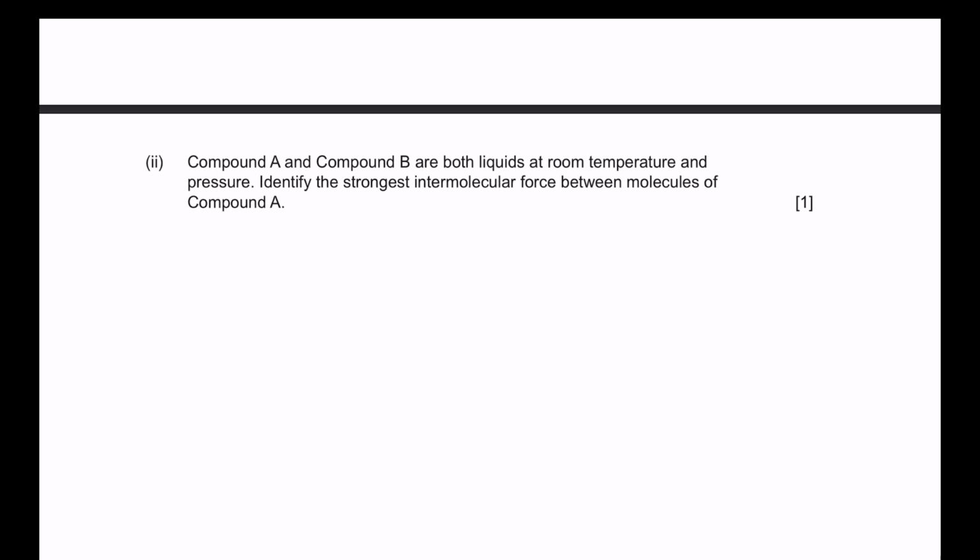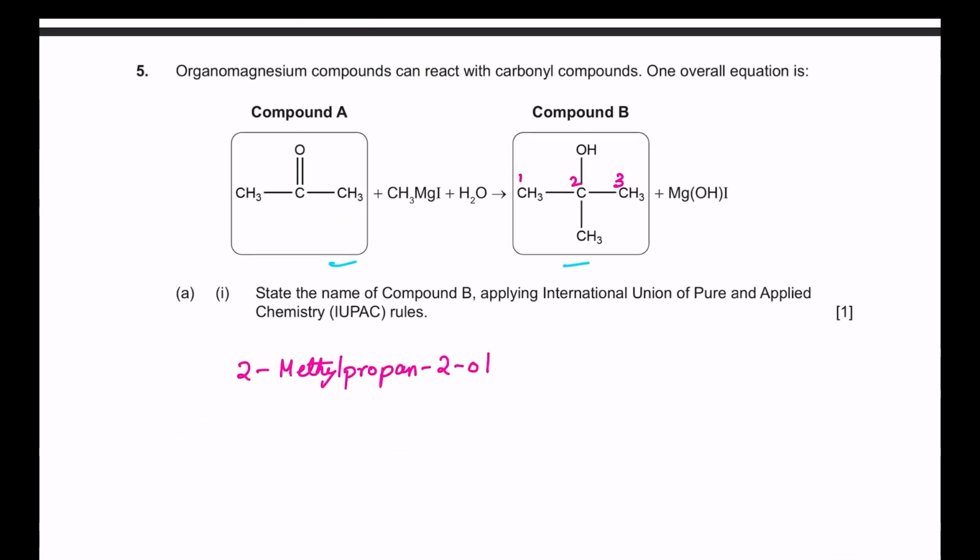Now moving on to the second part. Compounds A and B are both liquids at room temperature and pressure. Identify the strongest intermolecular force between molecules of compound A. Now looking at compound A, obviously this compound is a polar compound because oxygen is more electronegative than carbon.